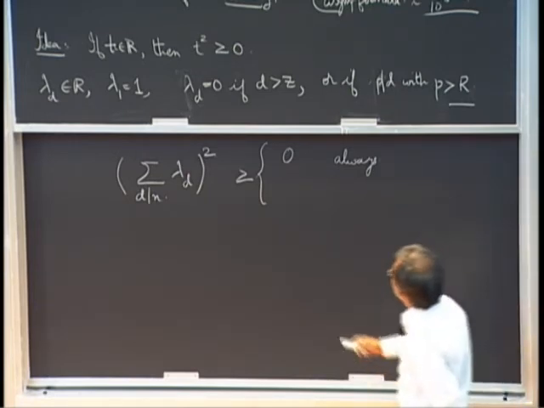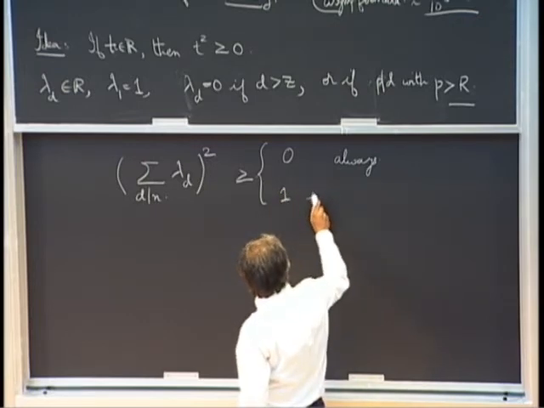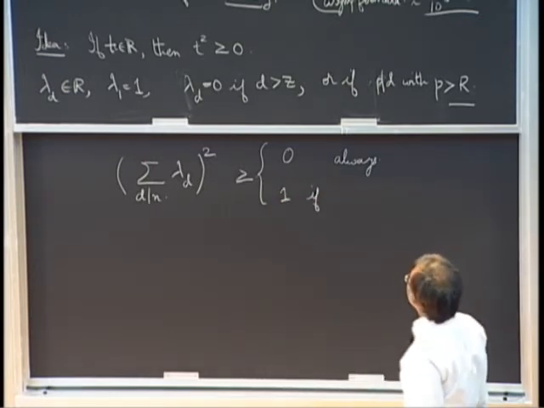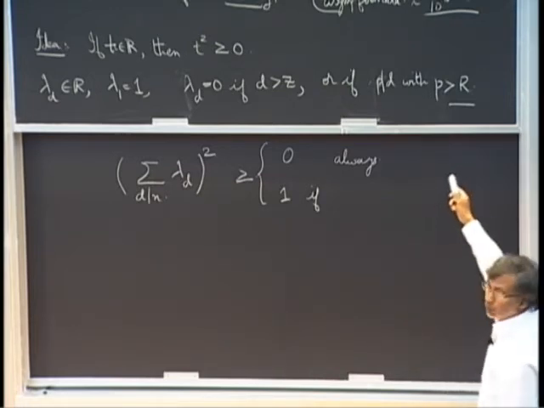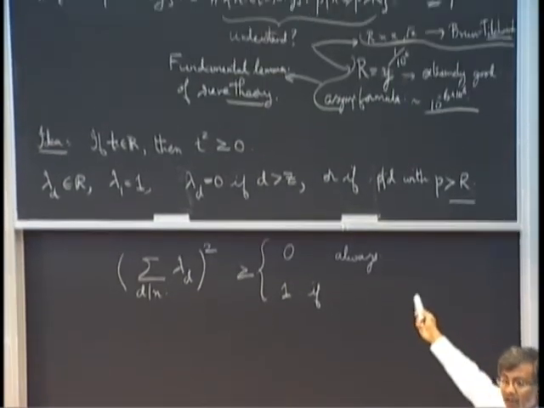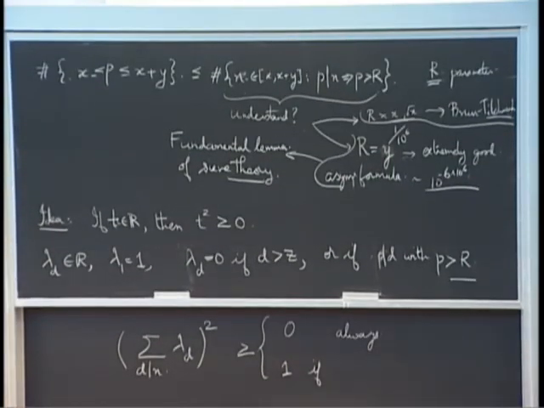And it's also at least 1 if n doesn't have any prime factors up to R. If n doesn't have any prime factors up to R, then the only divisor of n for which lambda D is not equal to 0 is D equals 1. And there I'm assuming that lambda 1 is 1. So it's bigger than 1 if p divides n implies p is bigger than R. Is this good?